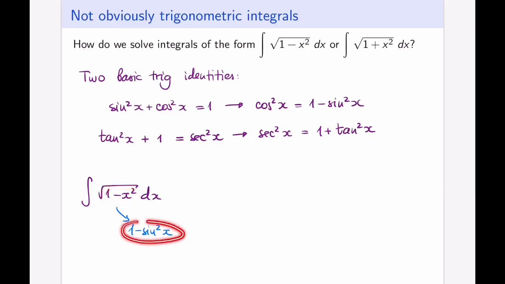Am I guaranteed that by performing this substitution, what I get is going to be positive? Well, this is the one nice thing about trigonometric functions, is that they are bounded between -1 and 1. So the smallest sine can be is -1, and then all the way through 0 to the biggest it can be is +1.